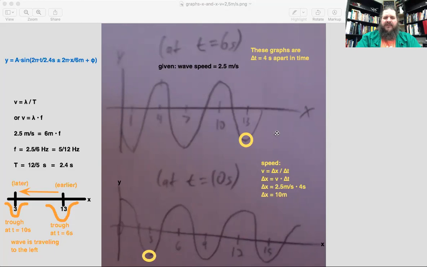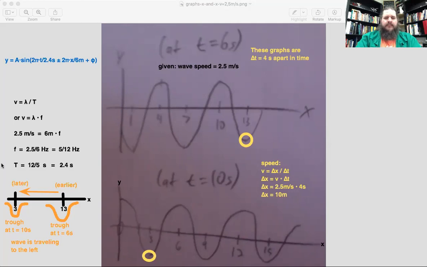We would just skip all of the speed stuff. If it had told us from the beginning that the trough at 13 and the trough at 3 are the same trough, then we could skip directly to this diagram and say that the trough hits 13 at time 6 seconds and the same trough hits location 3 at time 10 seconds. So it's the same as the last steps in the process, we would just be skipping the speed stuff because we would already know the points are the same trough.